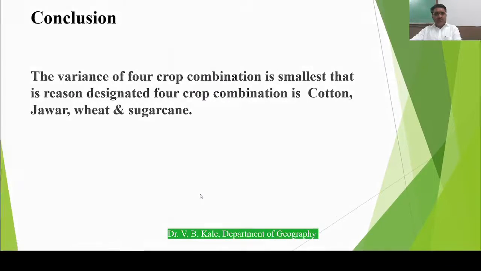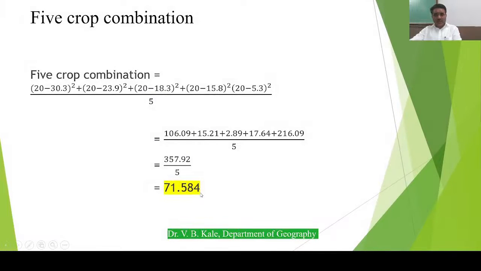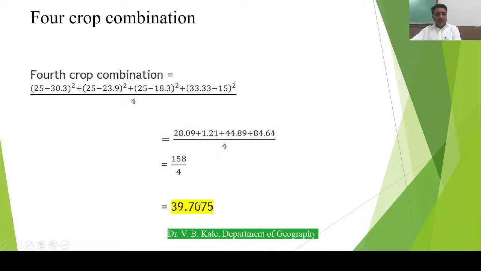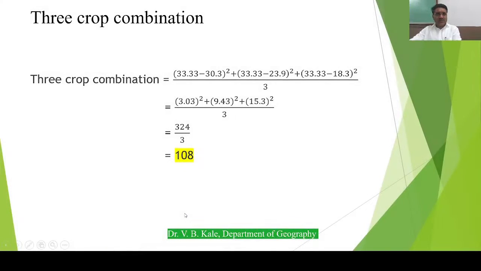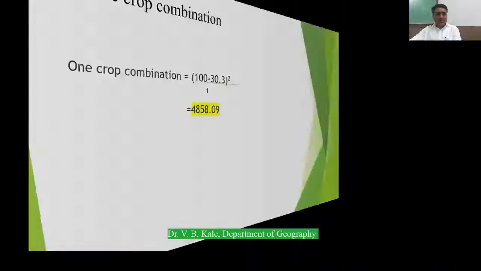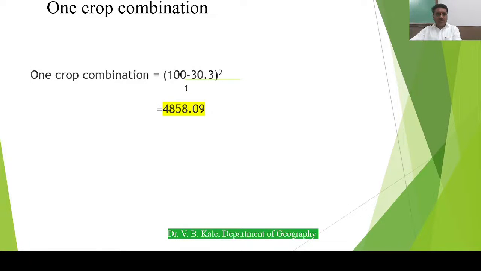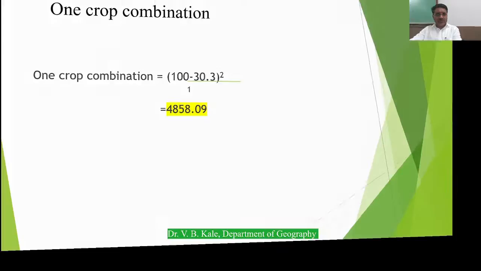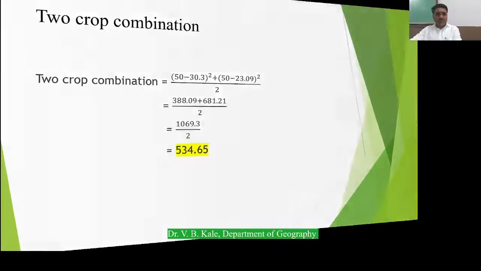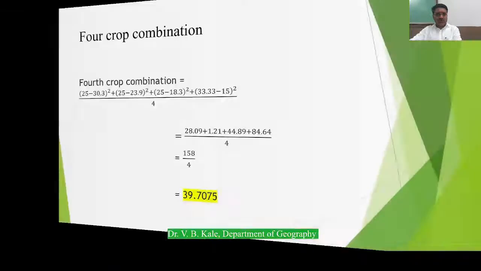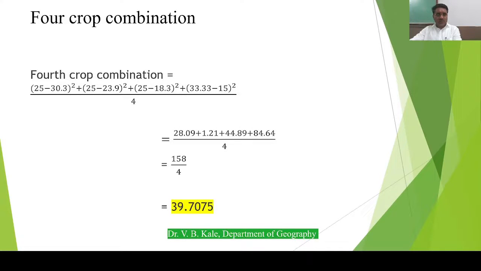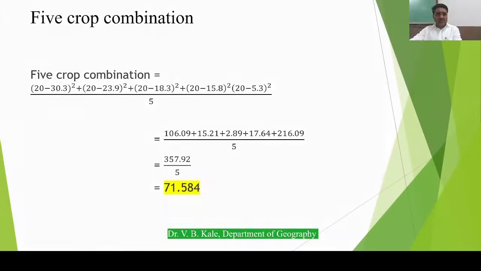Okay, so over here we come to know that up to the 5 we can calculate, because the four crop combination, 39, is the least variance among all these calculations. If we see all the combinations, then we come to know one crop combination is 4858, next crop combination is 534, next one is 108, next one is 39, that is four crop combination is 39, and the last one is 71.